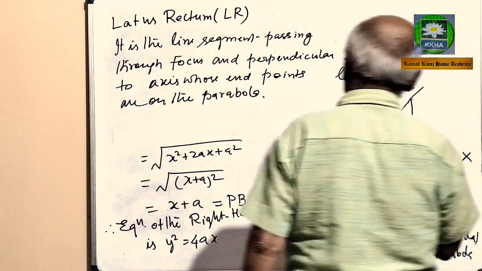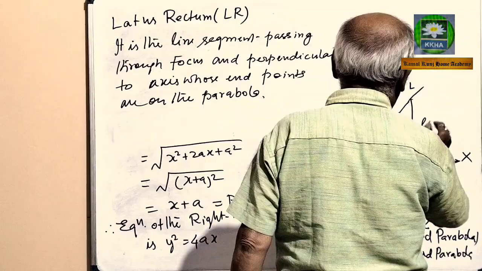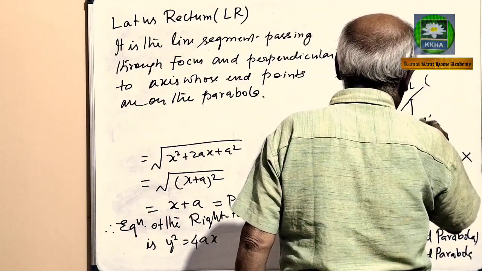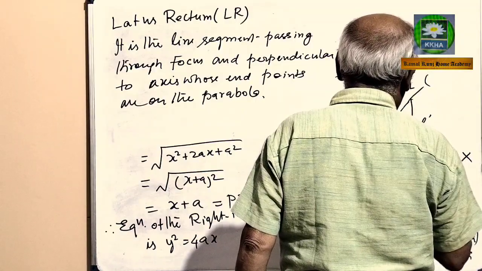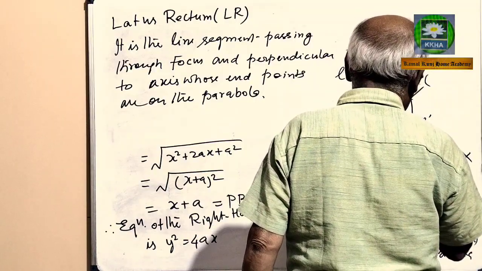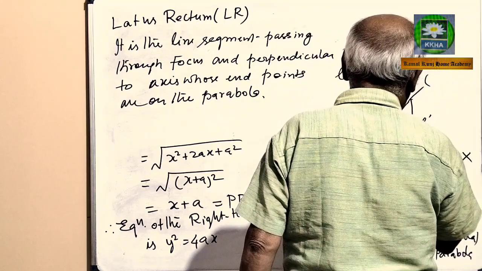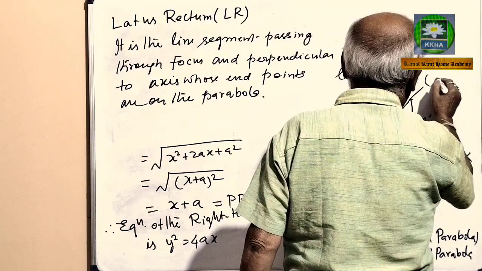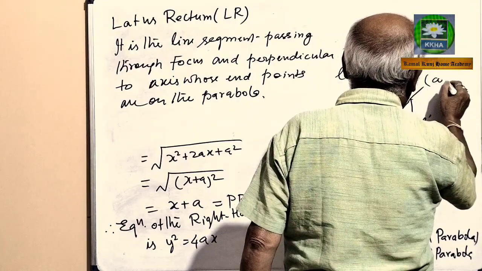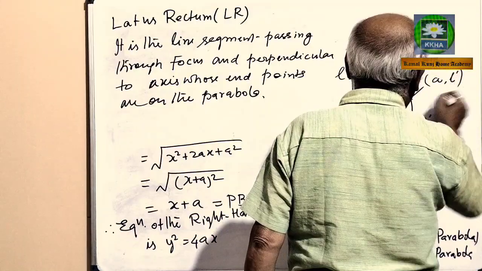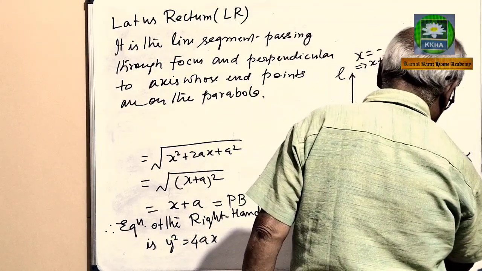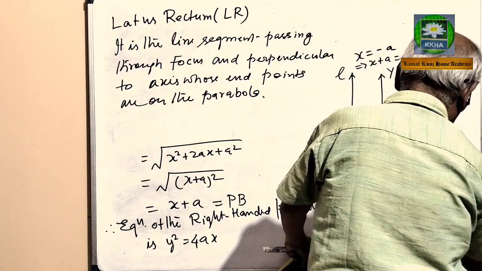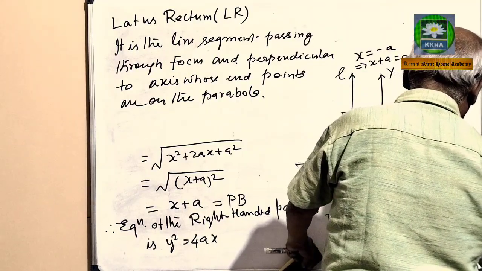Suppose its length is L dash. So its coordinates will be x equal to a and y equal to L dash, and the other coordinate will be x equal to a, y equal to minus L dash.